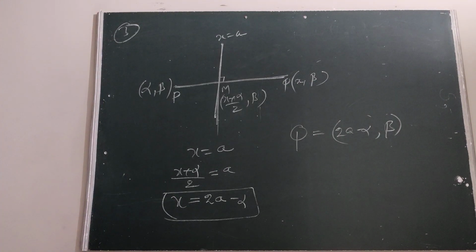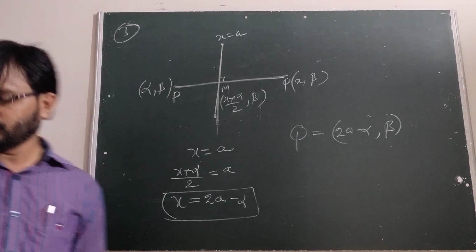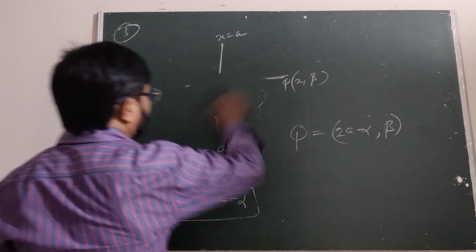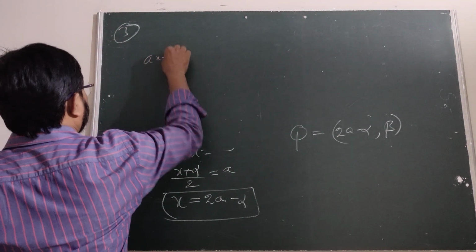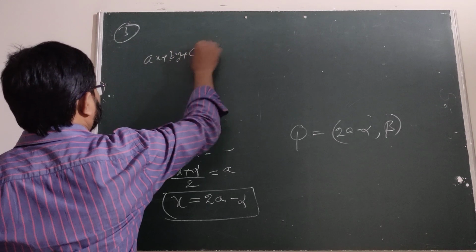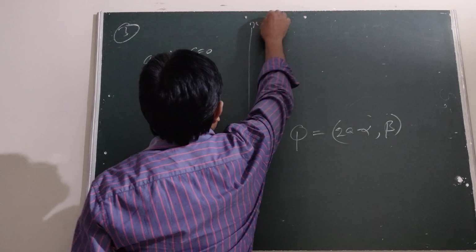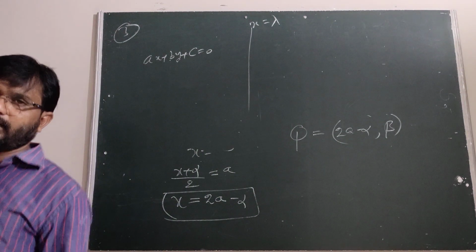Suppose we want to find the image of a line. All of you listen here. How to find the image of the line ax plus by plus c equal to 0 about the line x equal to lambda?